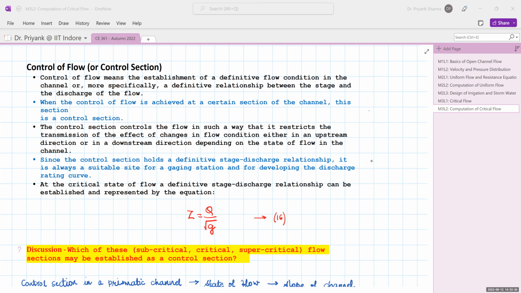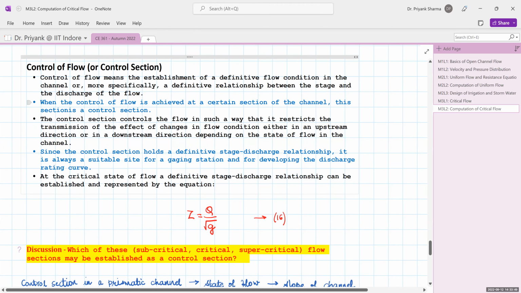So we already discussed what is stage and discharge while discussing the Manning's formula. So if we can have a definite relationship where a stage and corresponding discharge can be defined, that particular condition is called control of flow.